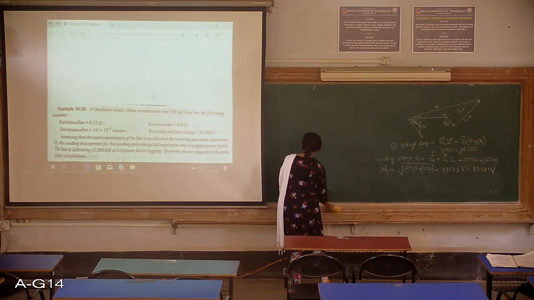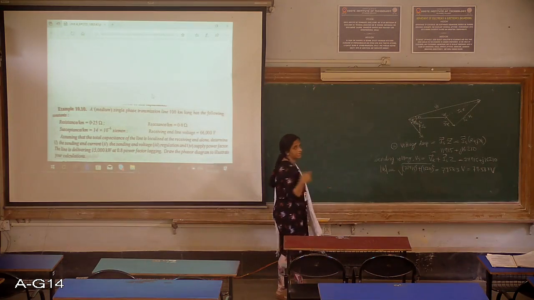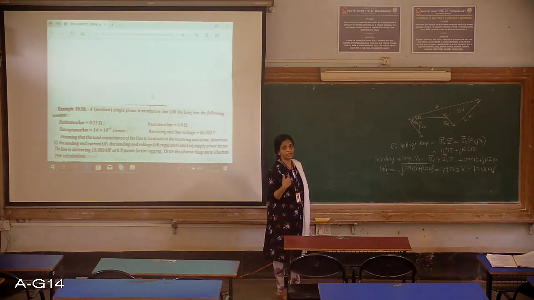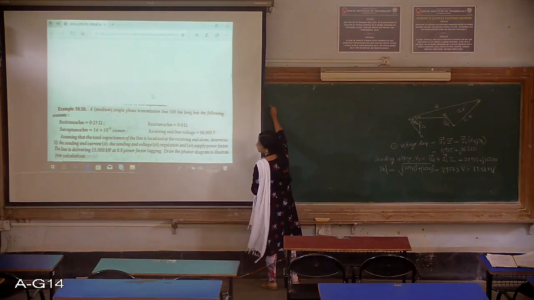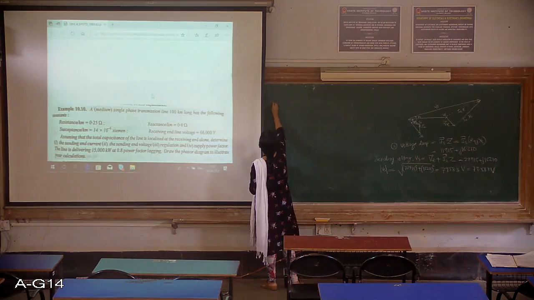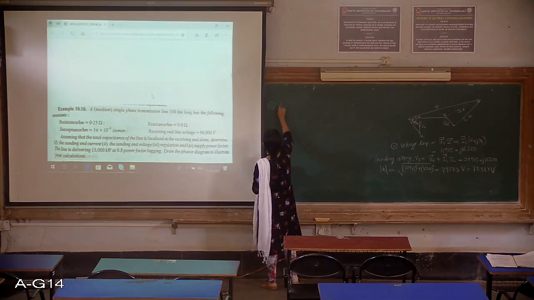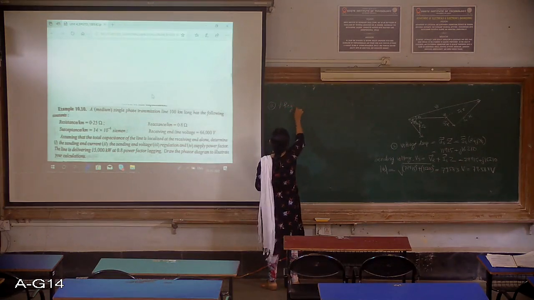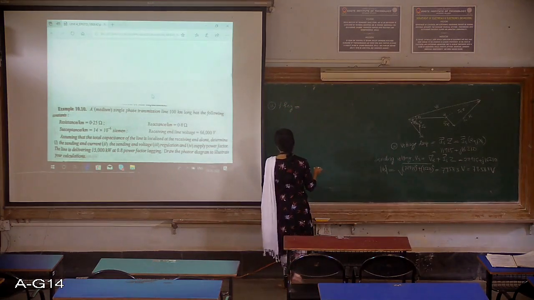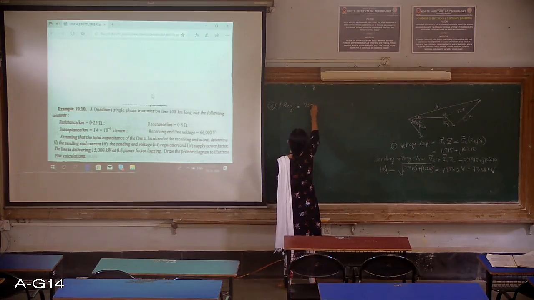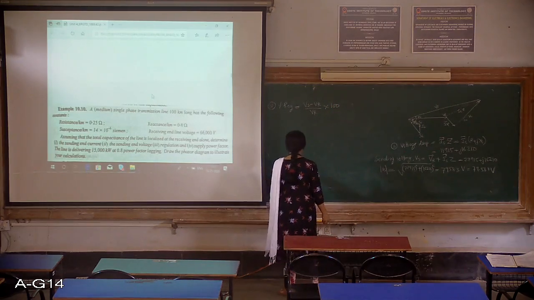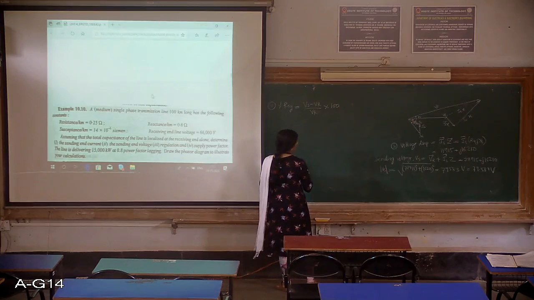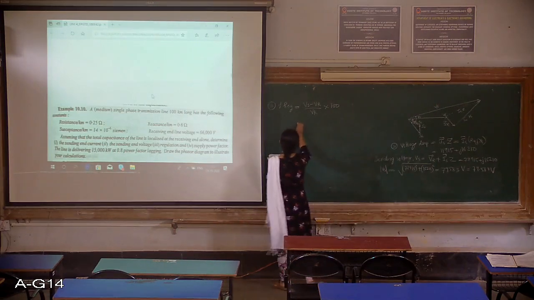What is the formula for voltage regulation? Sending end voltage minus receiving end voltage with respect to receiving end voltage. So for the third question, percentage regulation, we write sending end voltage minus receiving end voltage divided by receiving end voltage into 100. You have the sending end voltage now.